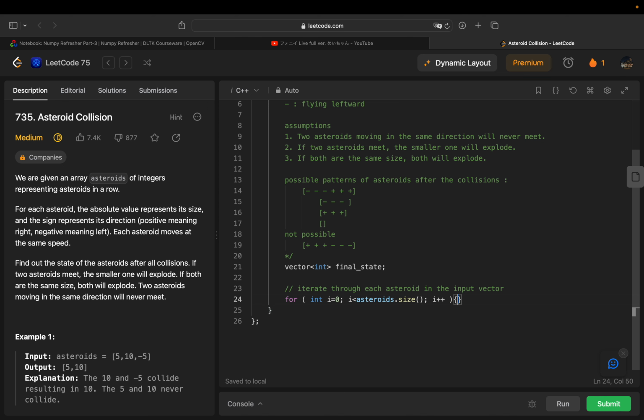Let's just condition on whether it is flying leftward or rightward.